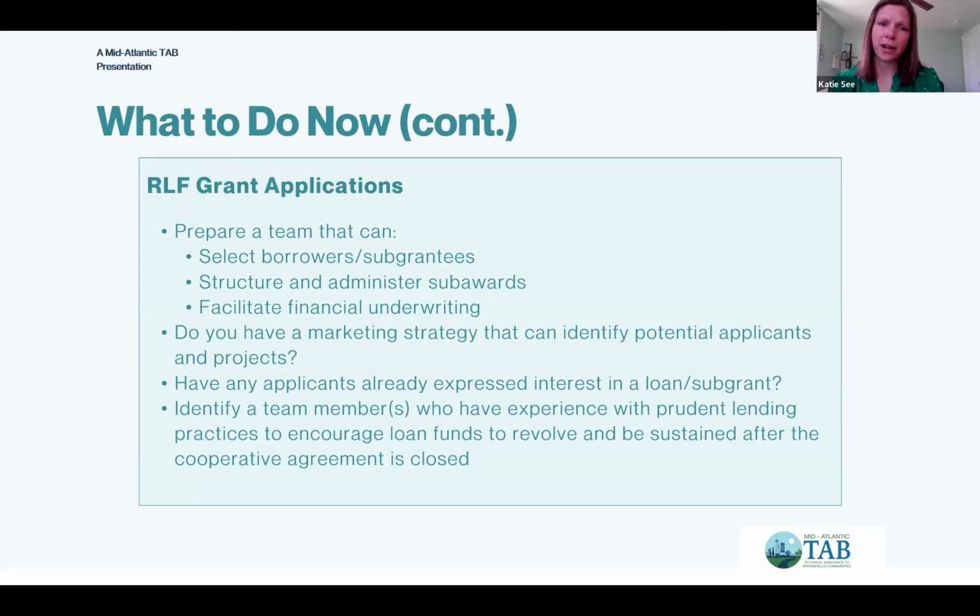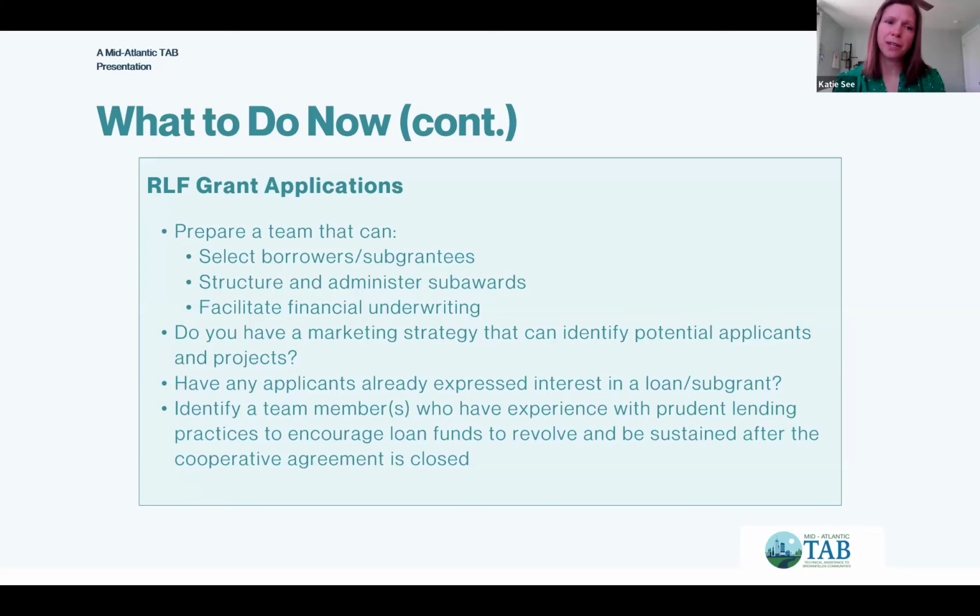Do you have a marketing strategy to help find potential applicants so that you can make this grant work and keep it actually revolving? And have any applicants already indicated that they may be interested in this? That would be good for knowing that you have some entities that you can actually provide the subgrants to.